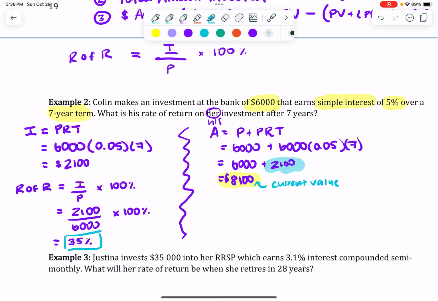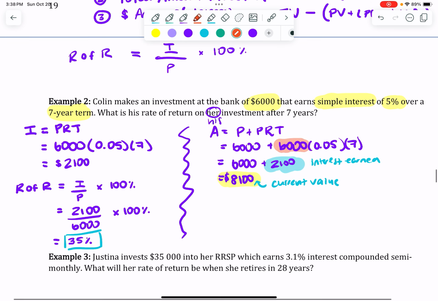This is my interest earned. And this value is my previous value of my portfolio.